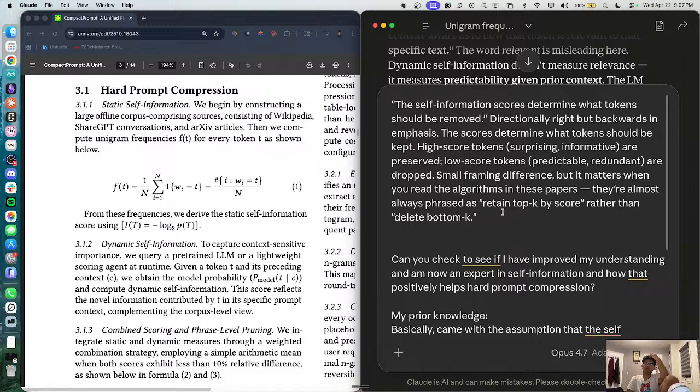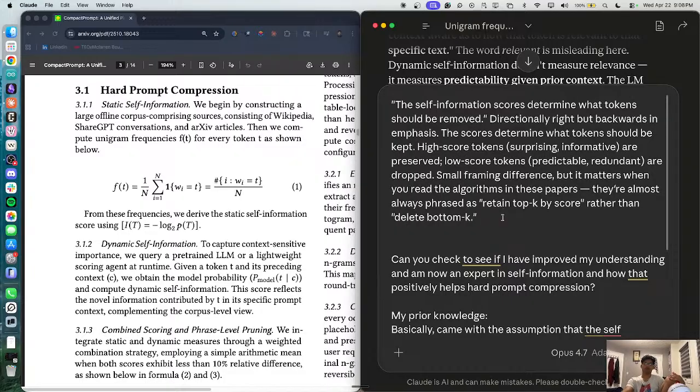The scores determine what tokens should be kept. High score tokens, surprising and informative, are preserved. Low score tokens, predictable and redundant, are dropped. Small framing difference, but it matters when you read the algorithms in these papers. They're almost phrased as retained. Okay, I see. So it is the right line of reasoning, but the wrong information, I guess.